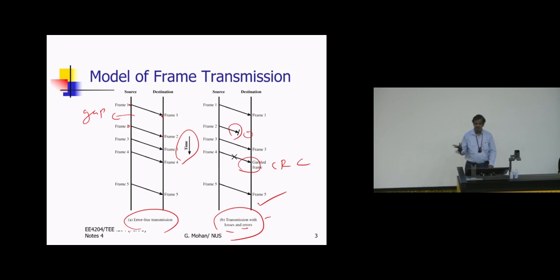Some signals are received, some garble, something. So it's not able to recognize that it's a frame because it was very heavily affected. So in that case, we say that the frame is lost. That is, the receiver is not receiving it. So when we discuss the protocols to deal with reliable transmission, we will differentiate these cases in some scenarios.